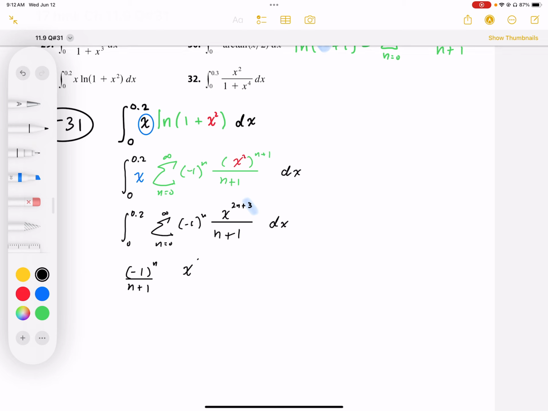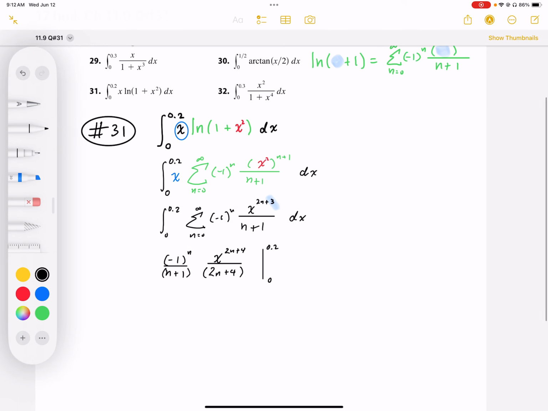So we're going to have x to the power 2n plus 4. Increase the power by 1, and we divide by 2n plus 4. So in the denominator, we have these two factors, and we're going to do this from 0 to 0.2.